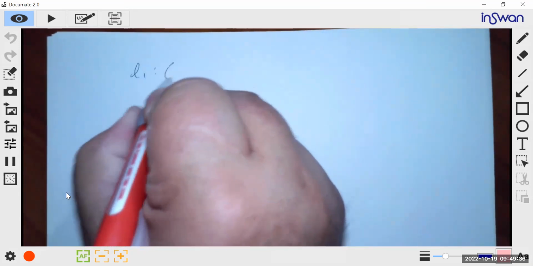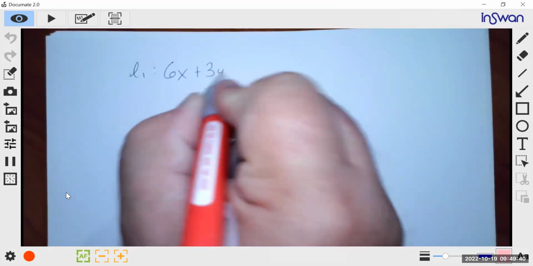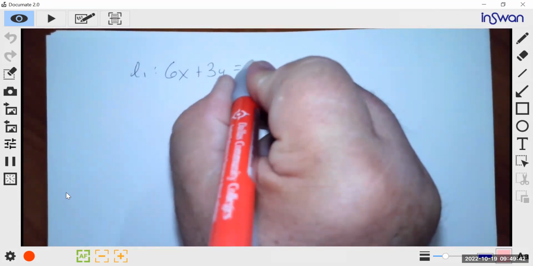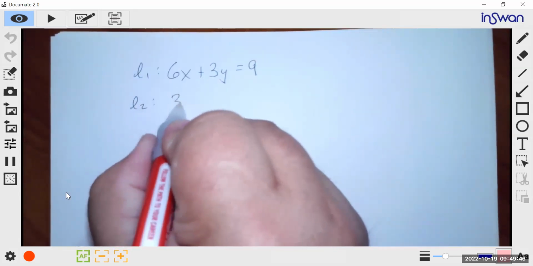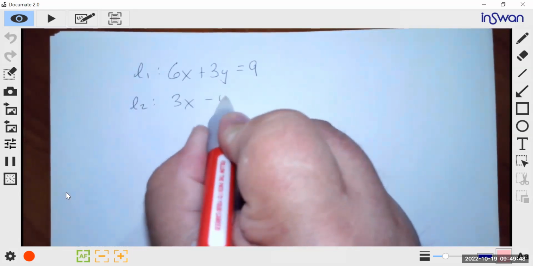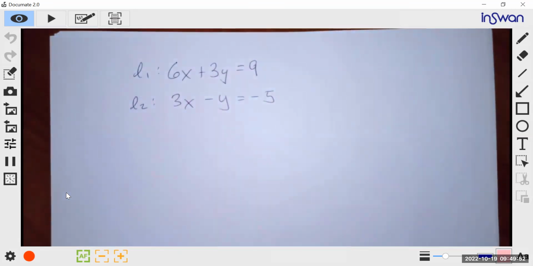Line 1, 6x plus 3y equals 9. Line 2 is 3x minus y equals negative 5. That was the first one we tried to do and we had no luck with it.